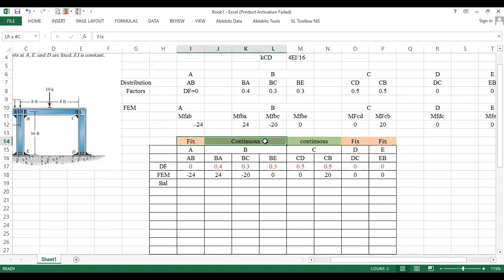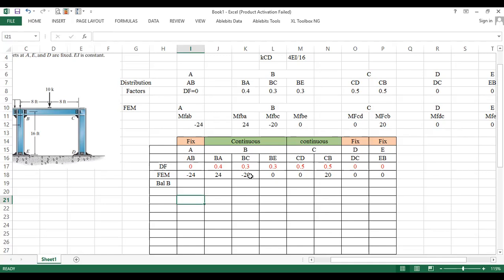Okay, so you can start balance B. I'll start balance B, right? So B is telling me there is already 24 minus 20. That means positive 4. Positive 4 is the unbalanced bending moment. We have to balance that. To balance positive 4, we have to add negative 4, right?